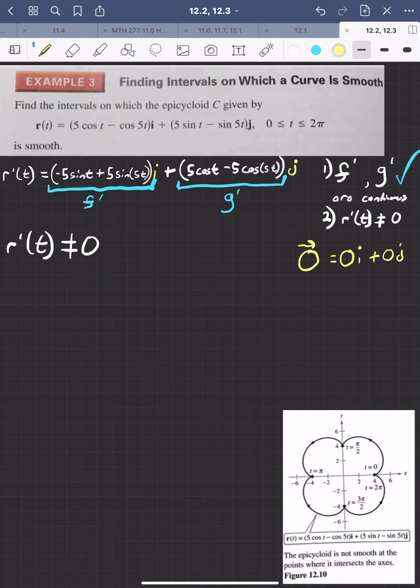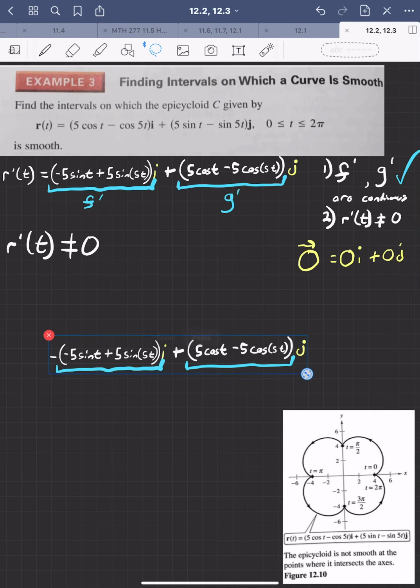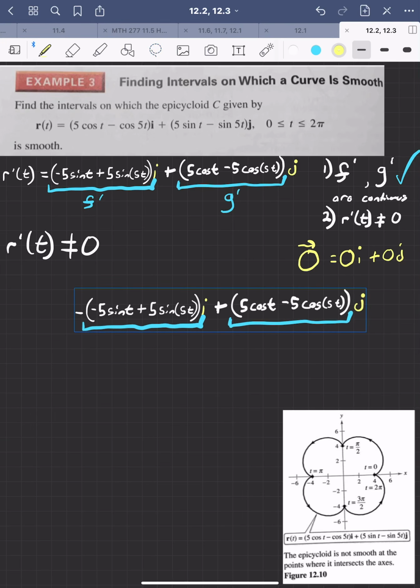Well, how are we going to tackle this? Let me see if I can copy and paste this. Entertain yourself for a second.